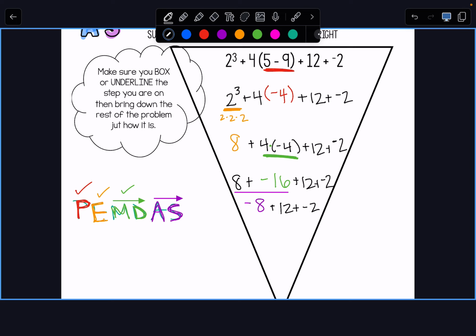Next addition from left to right. Negative 8 plus 12. 4. And then I have left plus negative 2. What's our answer? 2.